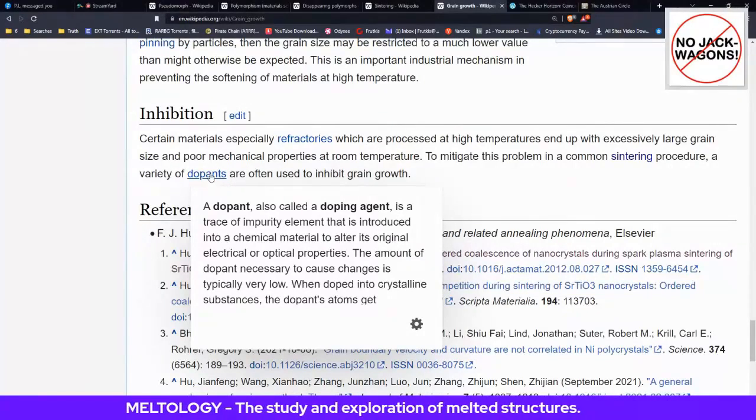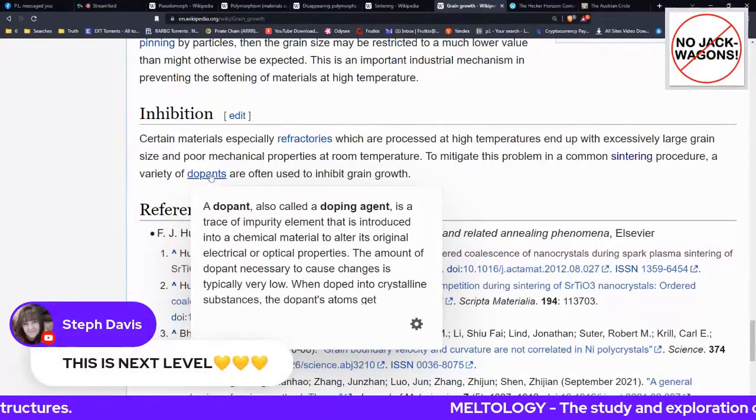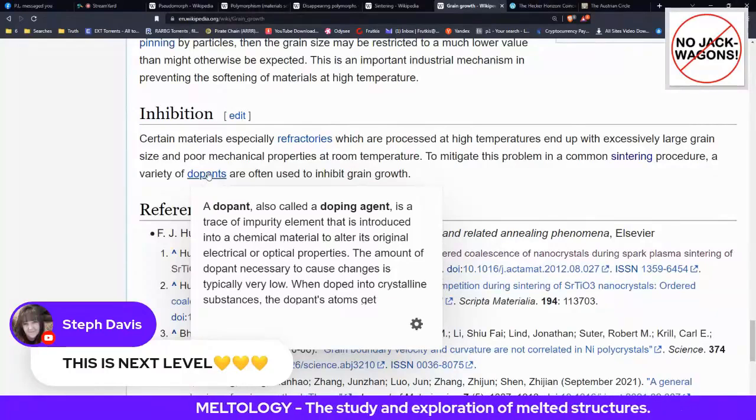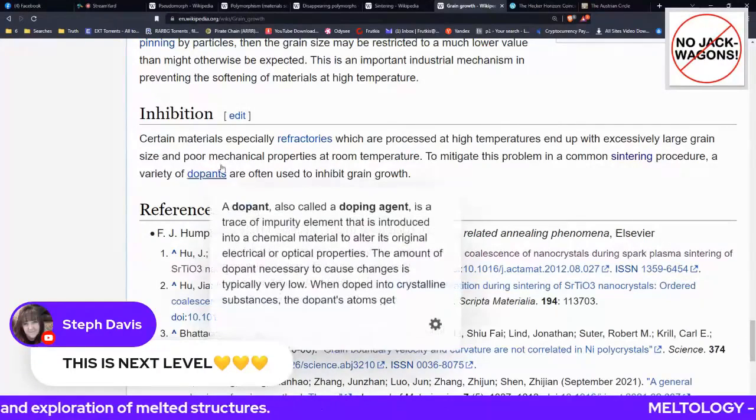The amount of dopant necessary to cause the change is typically very low. You don't need much, but if you add it, it will change the electrical effect on the material.